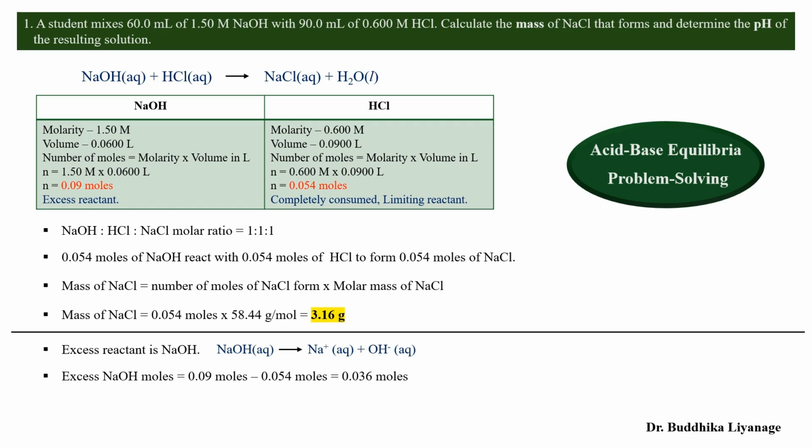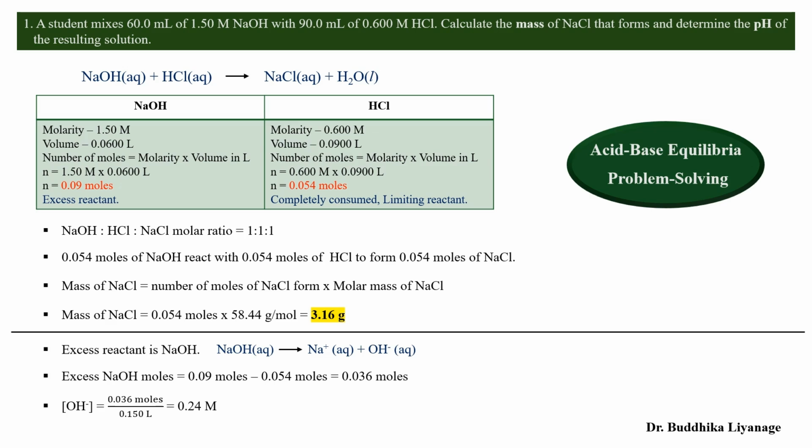Now the equation says 1 mole of NaOH breaks into 1 mole of OH minus. Then 0.036 moles of NaOH breaks into the same amount of OH minus. That is the number of moles of OH minus. But we need the concentration of OH minus to determine the pOH. Concentration is moles divided by the total volume.